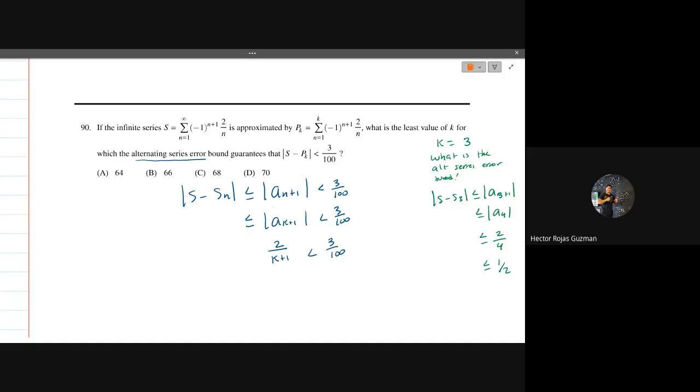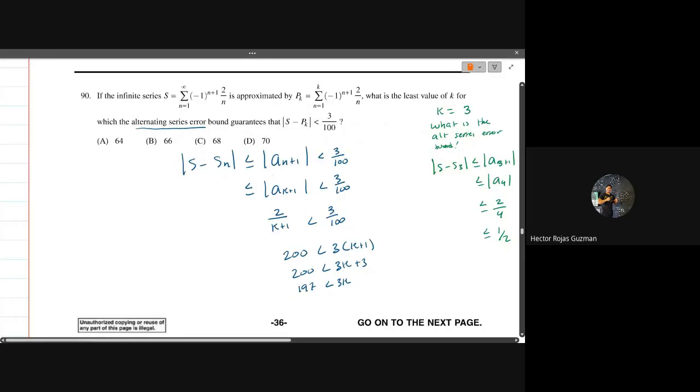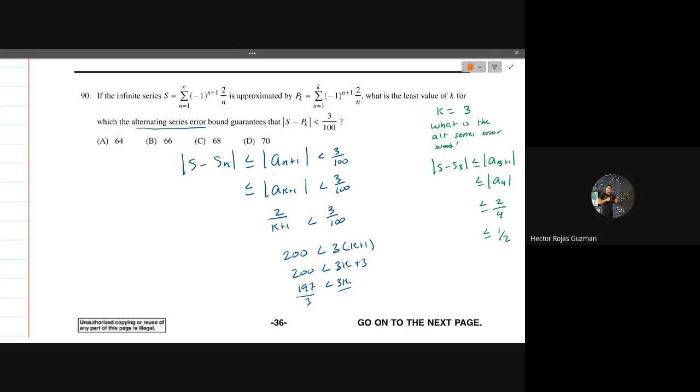So we're going to cross multiply. 200 is less than 3 times k plus 1. 200 is less than 3k plus 3. 197 is less than 3k. And if I divide it by 3, 3 goes into 19 6 times.